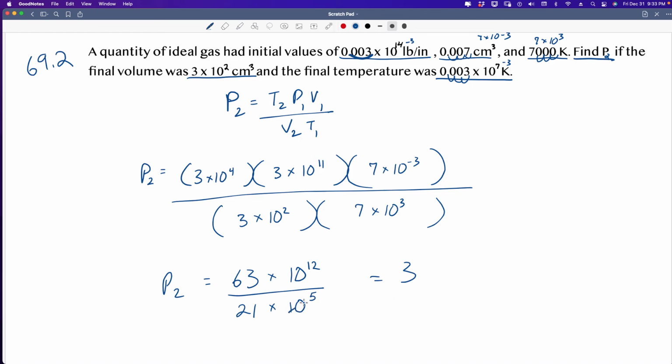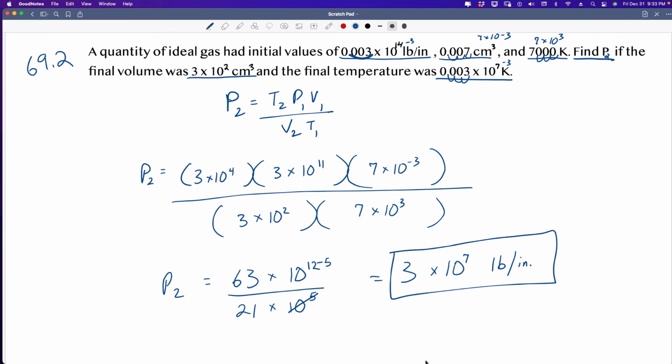All right, and when I bring this up to the top, that becomes a negative 5. So times 10 to the 7. And because this is pressure, we write it with the same pressure units, pounds per inch. And that is the answer.